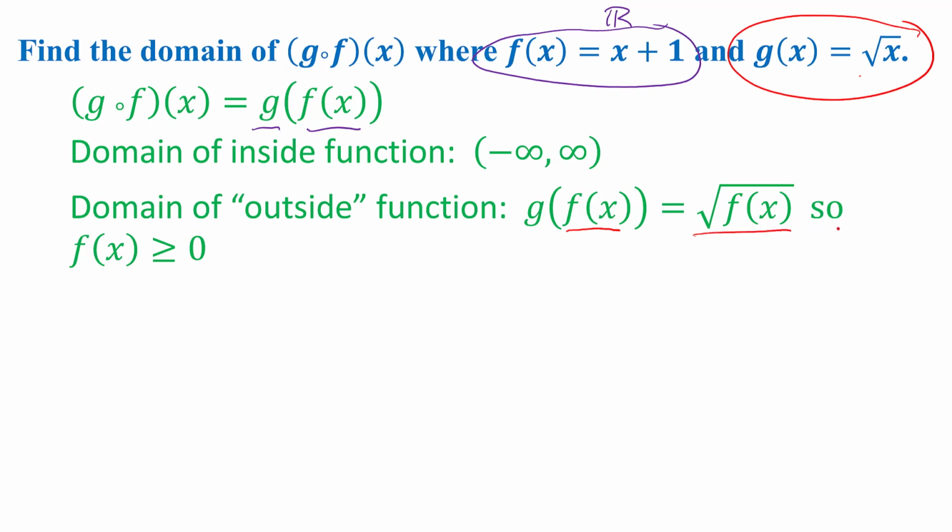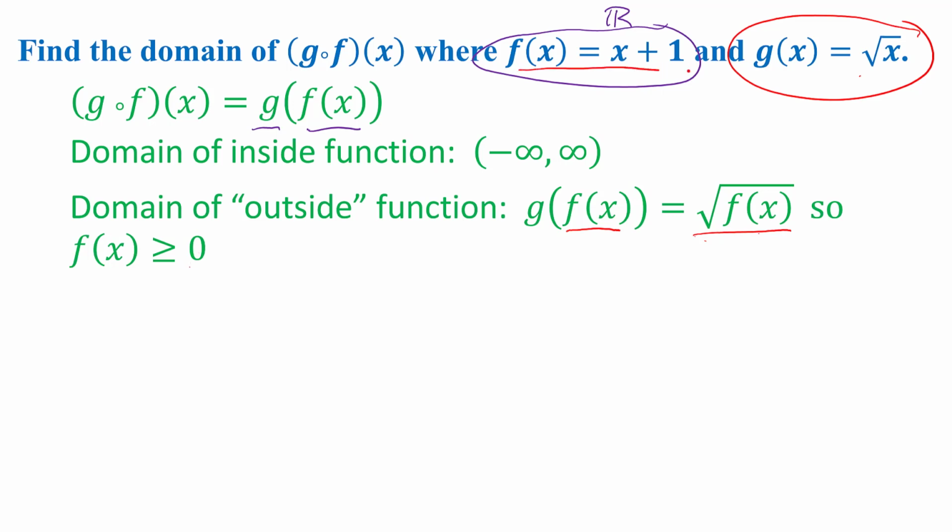So if I'm taking the square root of f of x for the outside function, I'm interested in what has to be true of f of x so that g is defined. So if g of f of x is equal to the square root of f of x, then f of x, whatever is underneath that square root sign, has to be greater than or equal to 0.